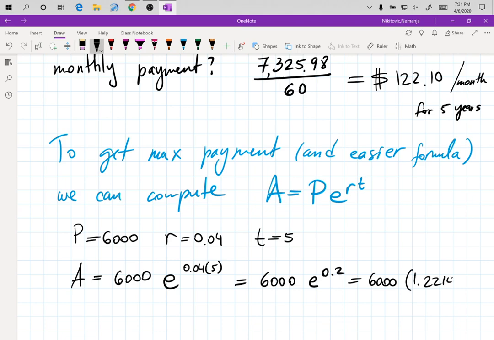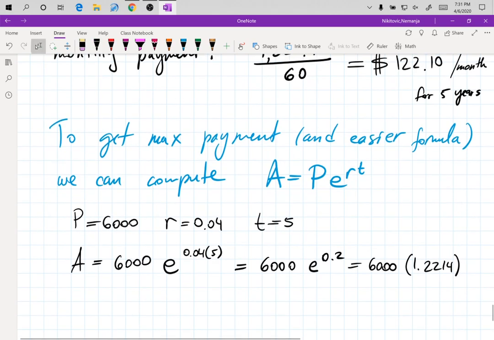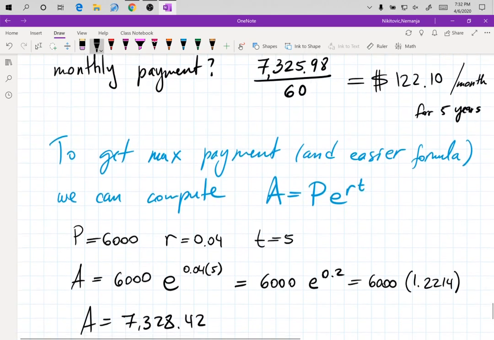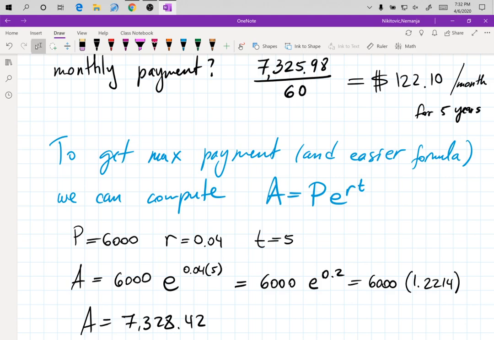1.2214. And now when I multiply that by 6,000, I get 7,328 and 42 cents. Now, as you can see, it's about $3 more. Oh, come on, right? $3 more on a 7,300, don't worry about it.